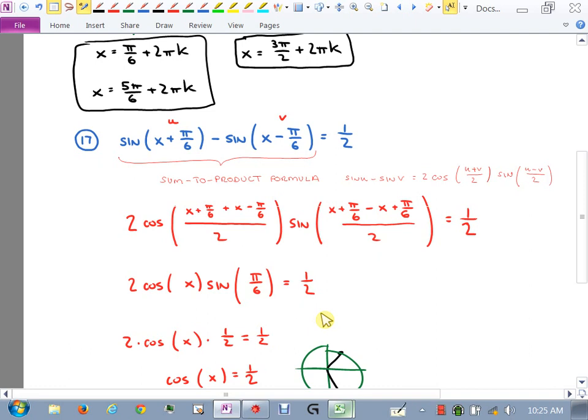So I guess it would be more like maybe you kind of start to see that's sine of u minus sine of v at some point. And so you say, what can I do with that? Well, I have a formula, make it a product, see what happens. Okay, yeah, I see what you're saying.